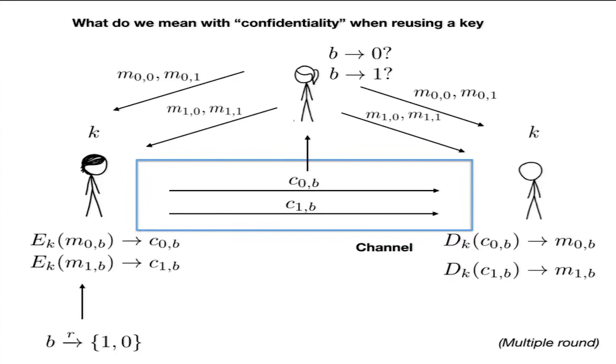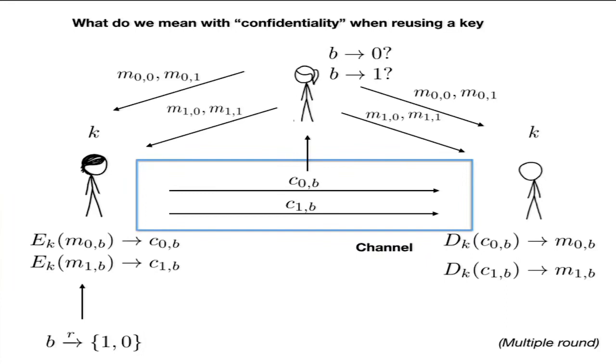Now Eve will be able to guess bit B with a chance of 1, because if M00 and M01 are the same, she will get the encryption of the same message. This will be the same as this. This will be different. So she can now perfectly distinguish between encryptions of M00, M01, or M10 or M11.